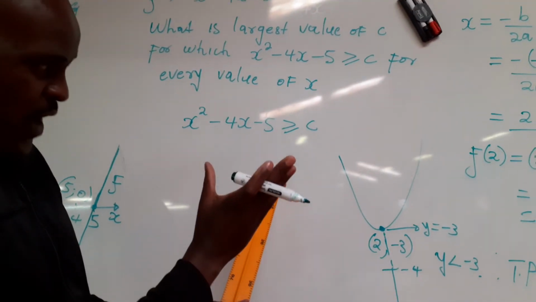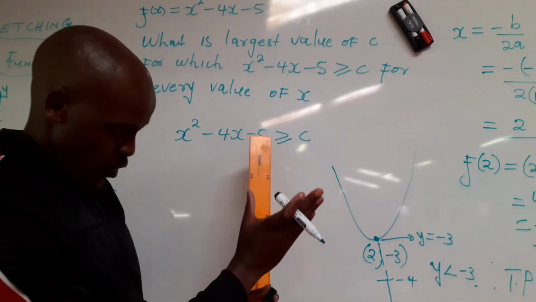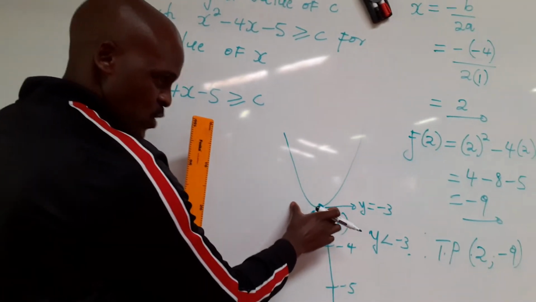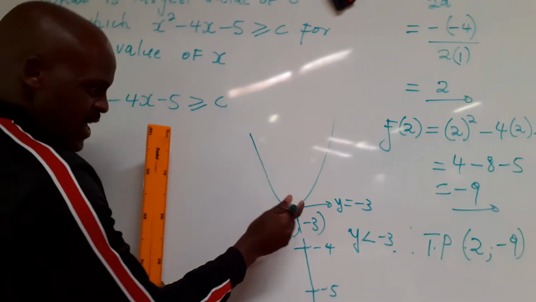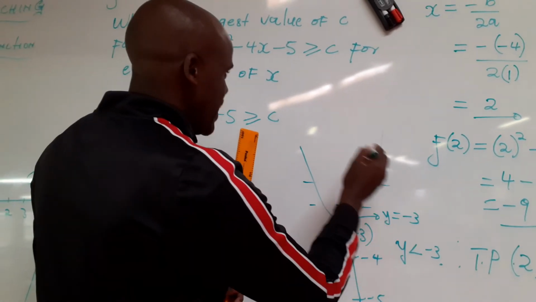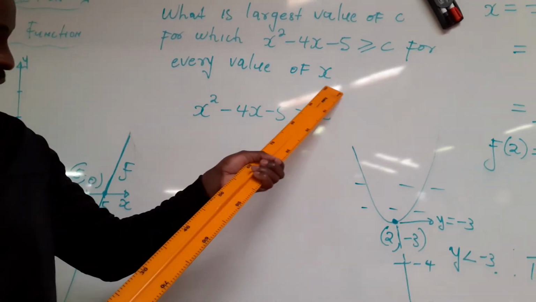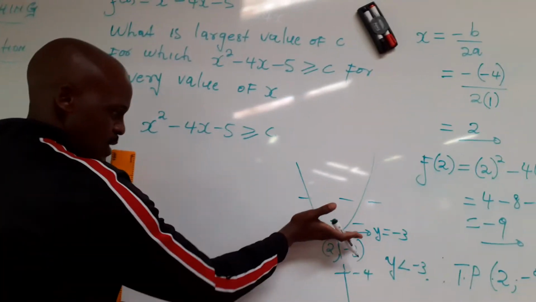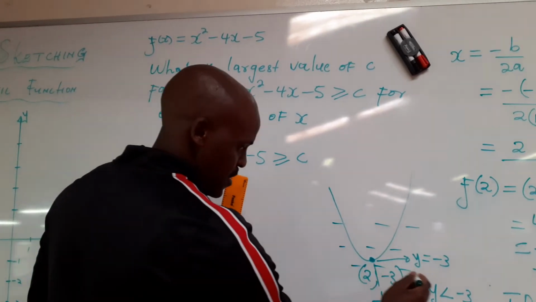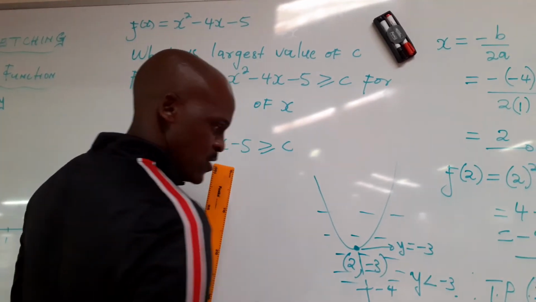Since it is concave up, it is no longer existing. For it to exist, it has to be at the turning point or above. It will always exist for any value of x. But below, it's not there. Our quadratic is not there.